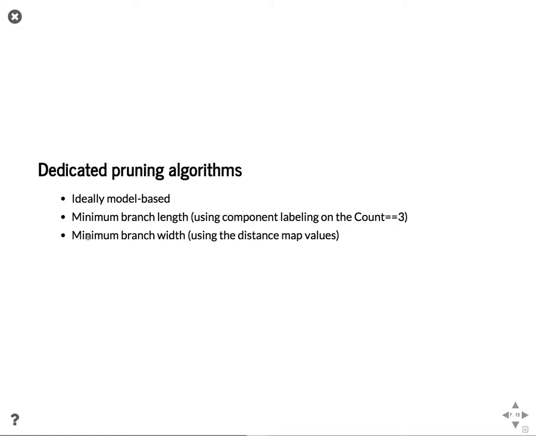And so typically the parameters they have are the minimum branch length, and this is using the component labeling on the count equals 3, and then the minimum branch width. That's the value if you look at that branch and the distance map laid on top of it and try to figure out how big is this width here. And is this branch too narrow to really be an actual branch, and should we remove it?